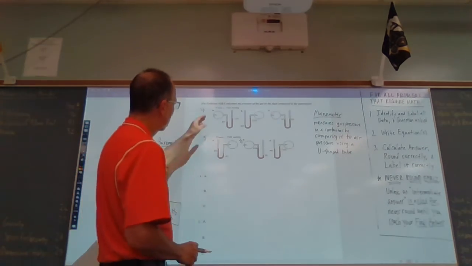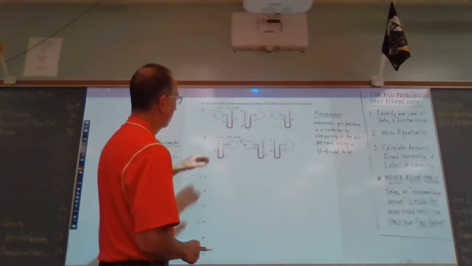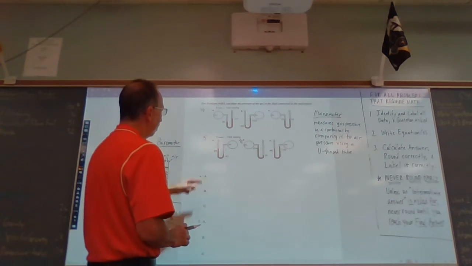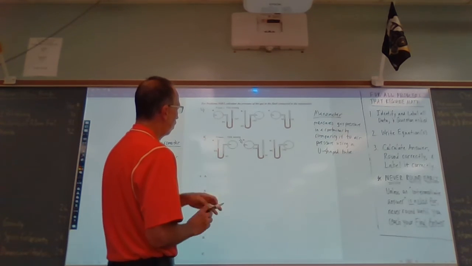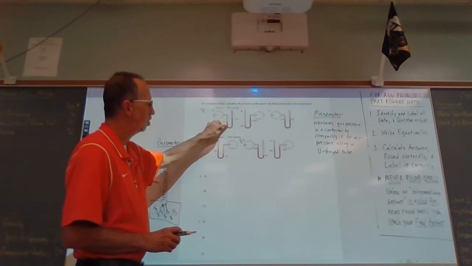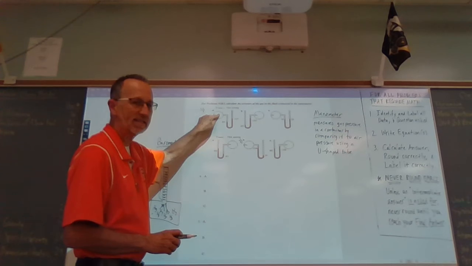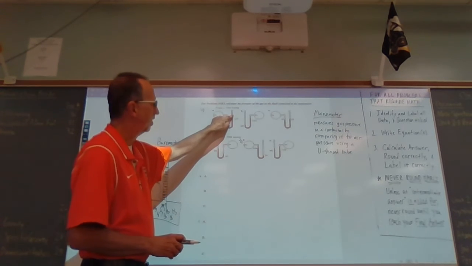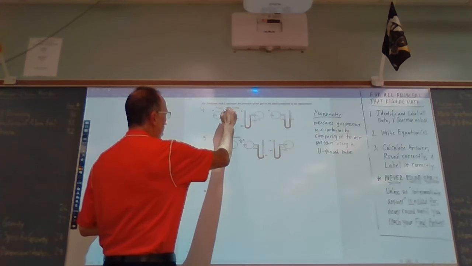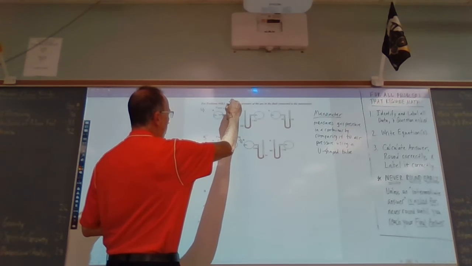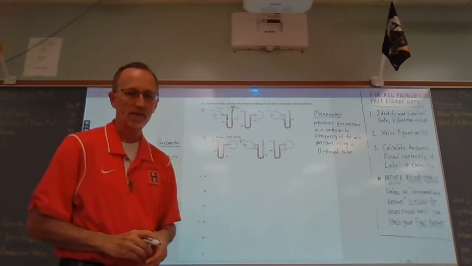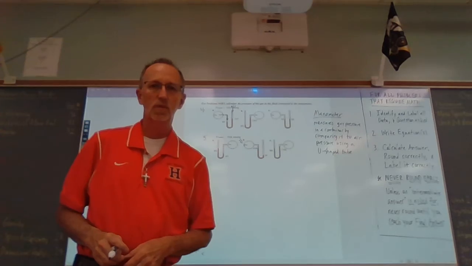So let's look here at these three. Now I want you to notice something. This is 4A. The mercury is pushed down on the one side by the gas in here. It's pushed down on the other side by the air particles. Are they pushing down with an equal force?